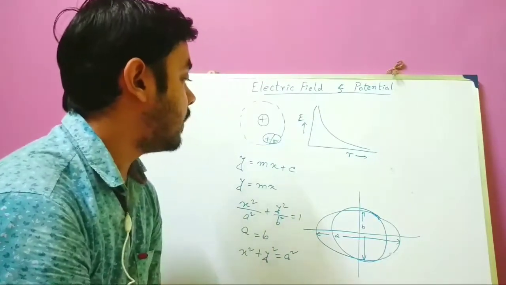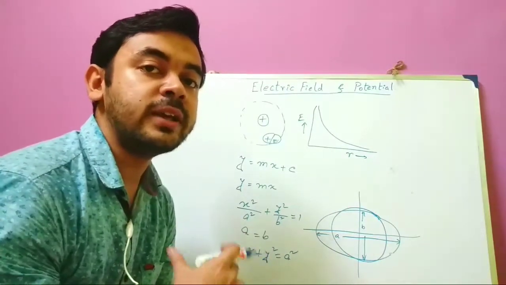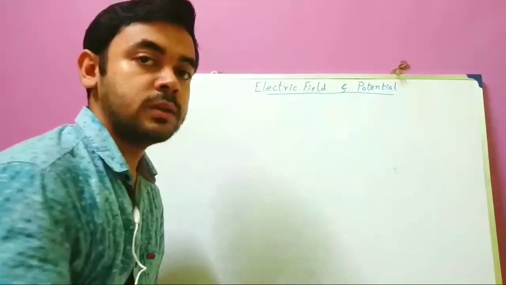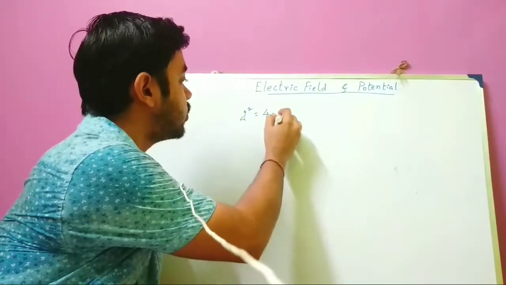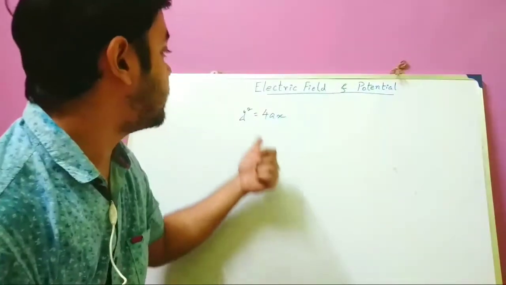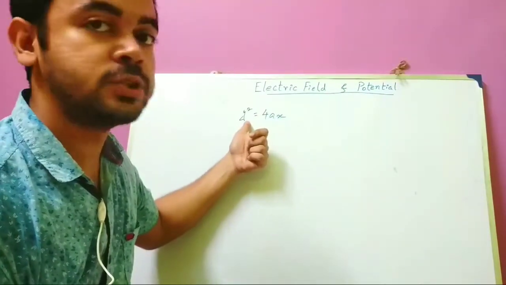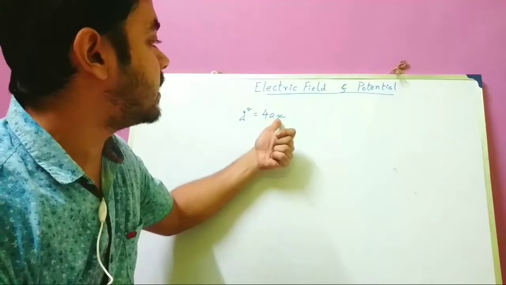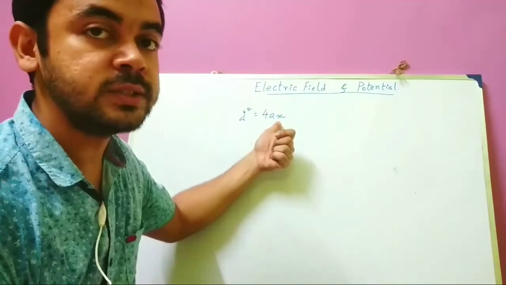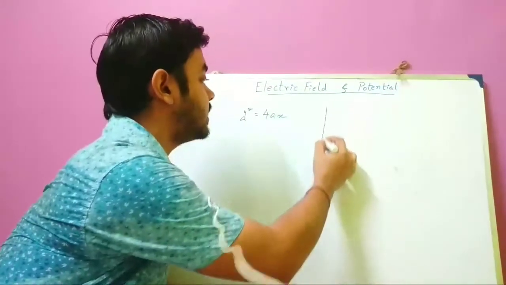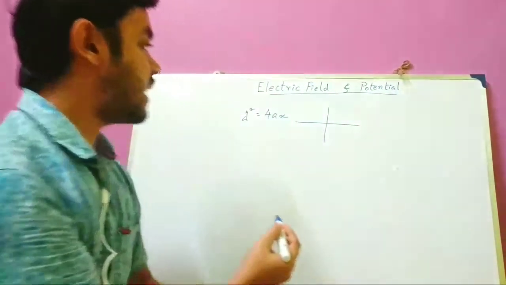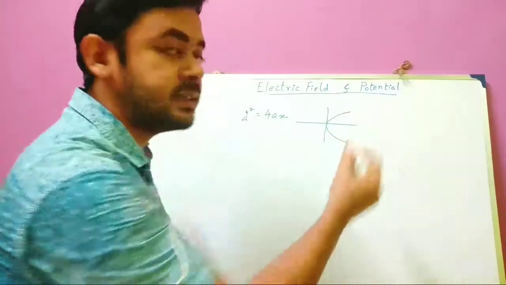Okay, now parabola. What is the general equation of a parabola? The general equation of a parabola is given by y square equal to 4ax. You can see the power of the variable on the left hand side of the equation is 2 and the power of the variable on the right hand side of the equation is 1. So this is the equation of a parabola, and its diagram will be like this.